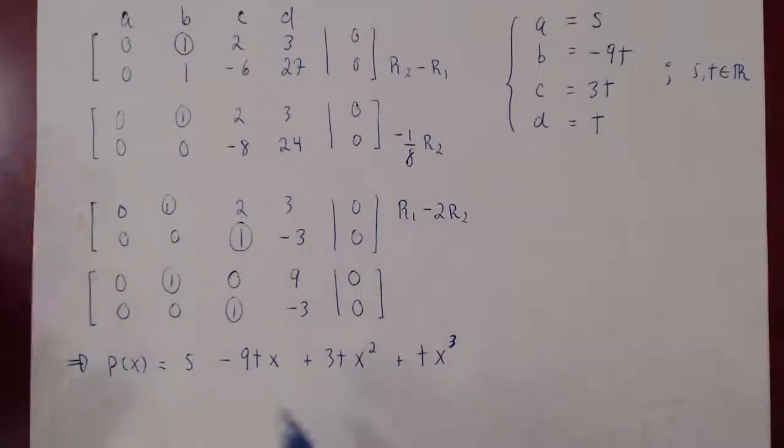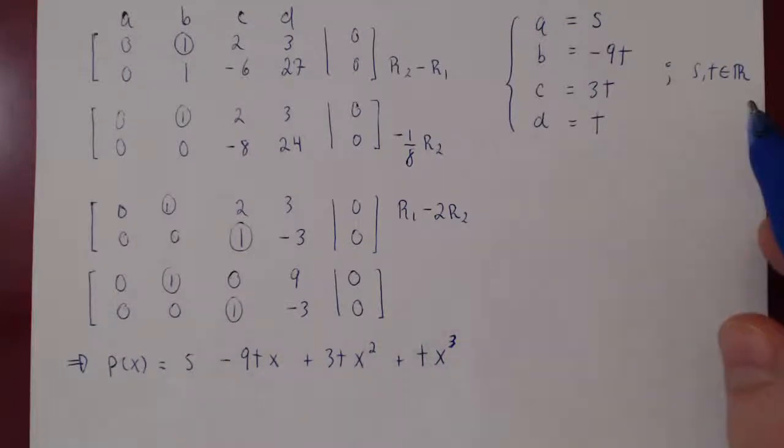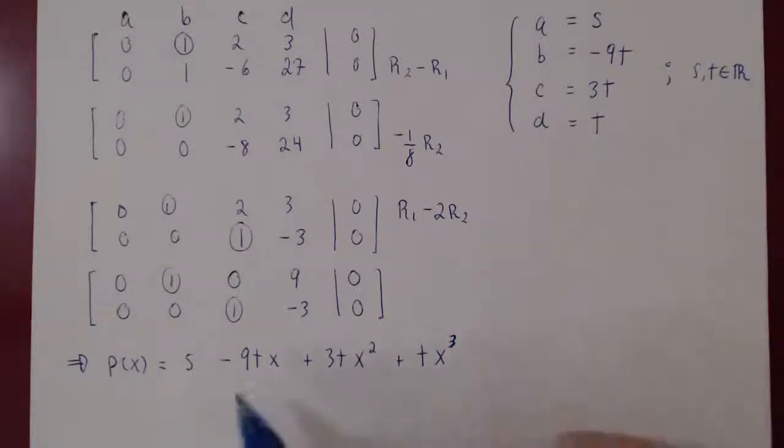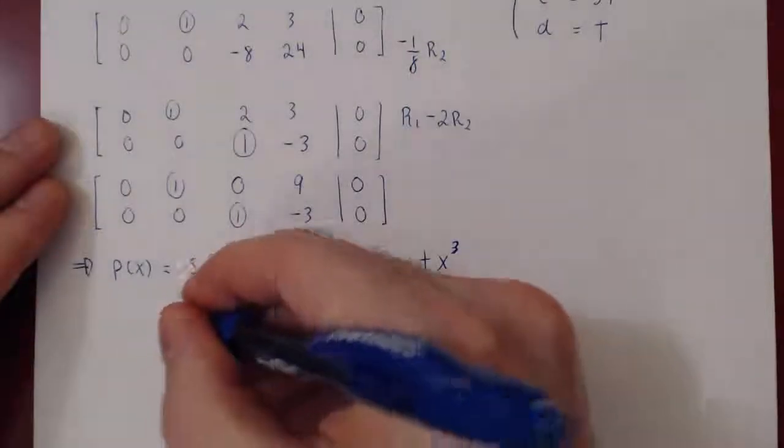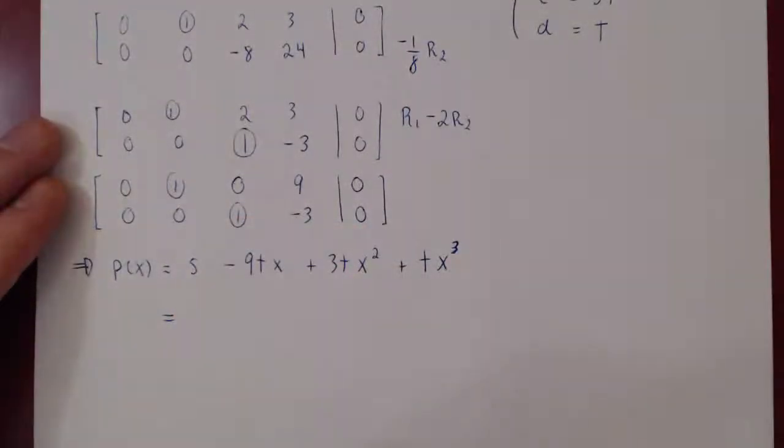And as always, once you have found a way to express your element explicitly, so the only variables here are s and t, and they are parameters, free variables, to extract a set of generators, you simply have to split the parameters. So let's do so. Well, this is s.